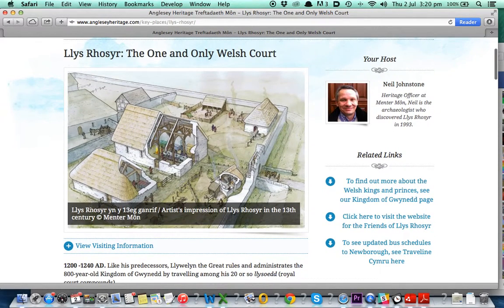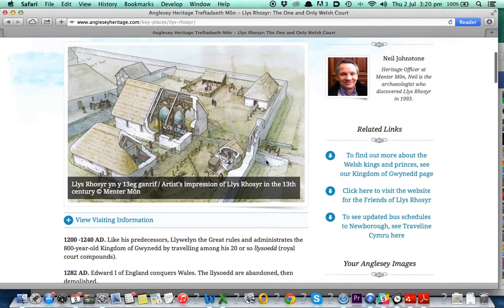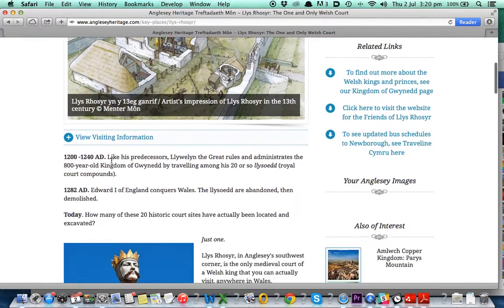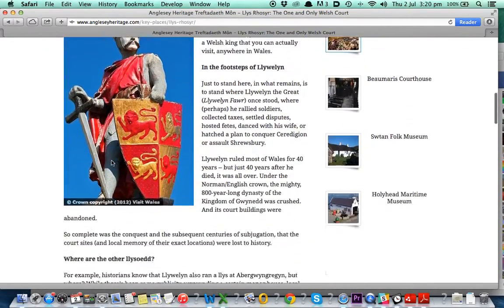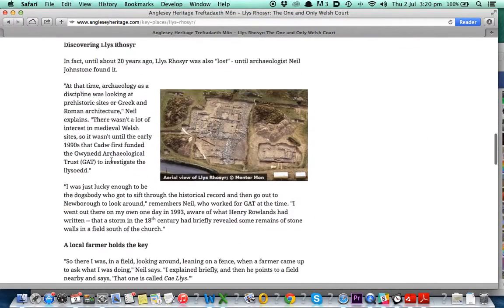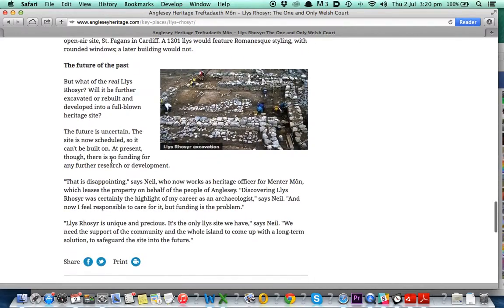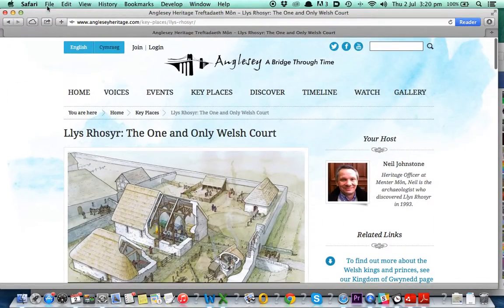So it is a unique heritage site that is on Anglesey, and very few people know about it because the buildings no longer exist. There's piles of rocks there, which were, up until 15 years ago, buried under sand in a farm field. It again is a fascinating story that I urge you to read.